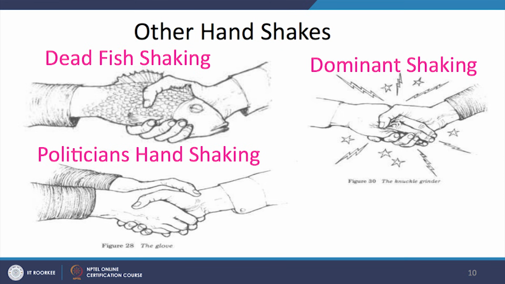Now, time and again you come across people who appear to be very gracious in terms of their greeting, in terms of the verbal exchanges, in terms of the words being used. But if you are going to shake hands with a politician, it may appear to be very cheerful, and this handshake again has a meaning.